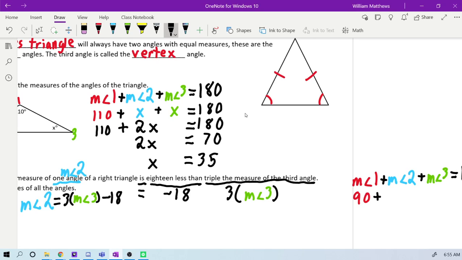My measure of angle 2, I can now replace with this expression. And we're not changing the measure of angle 3 at all.